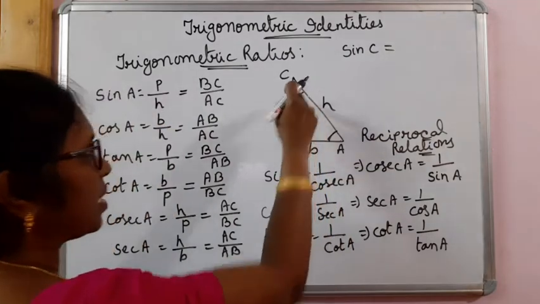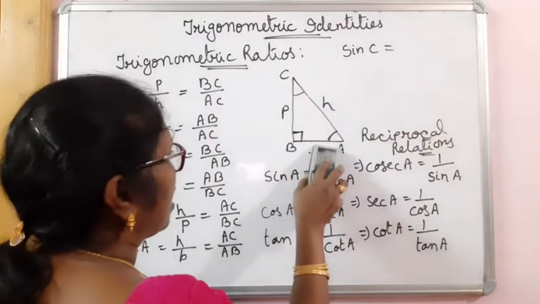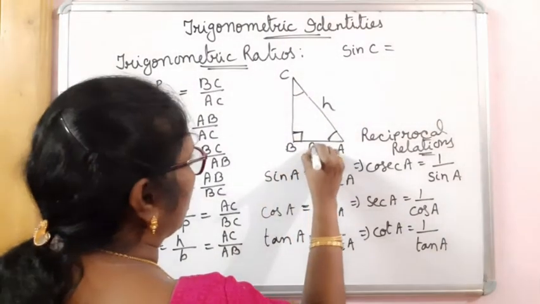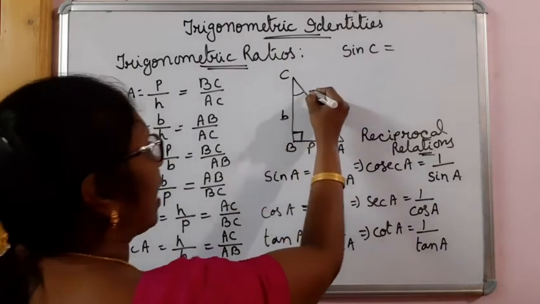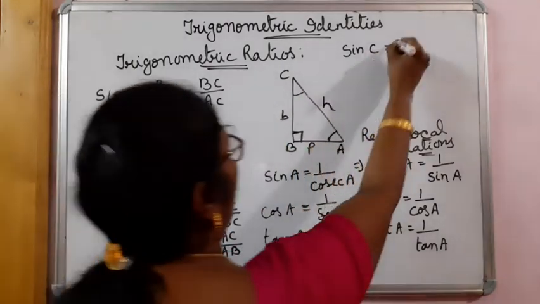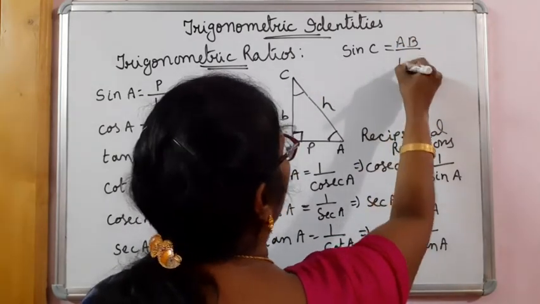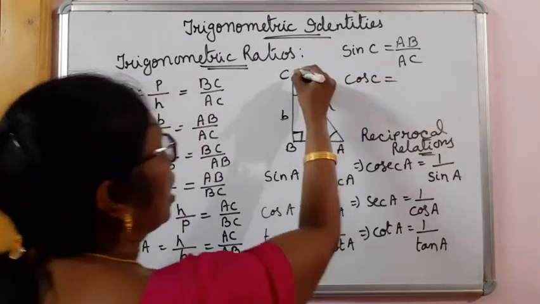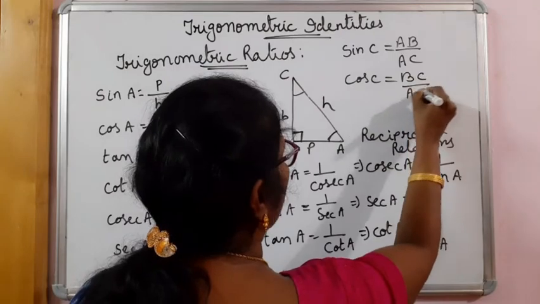For angle C, opposite to angle C will be the perpendicular and this one will be the base. Then sine C will be opposite, means AB, by hypotenuse is AC. Similarly, cos C will be, base is BC by AC.